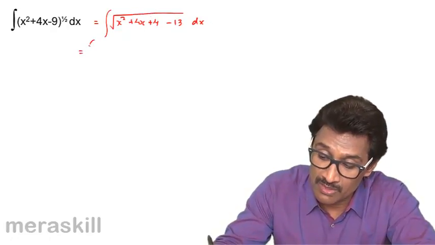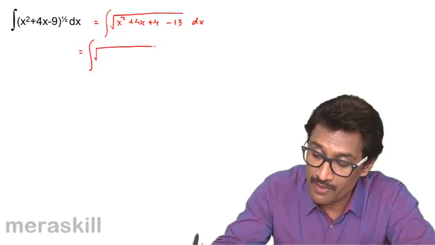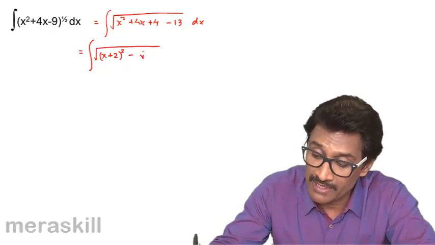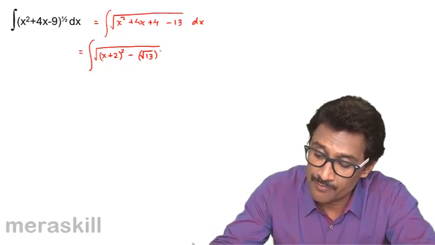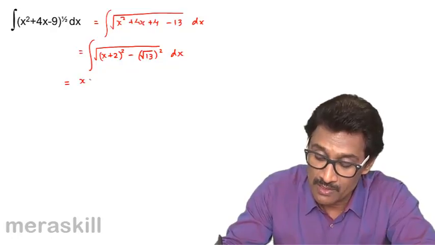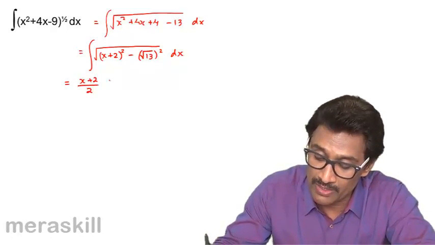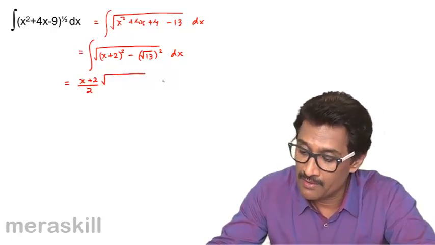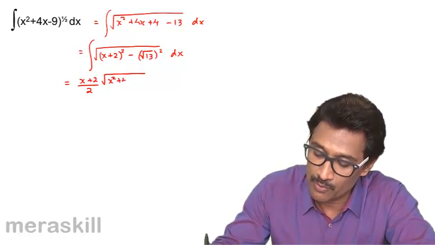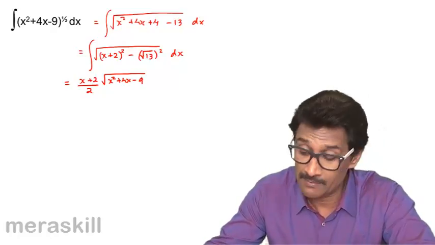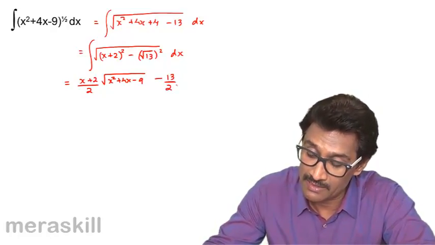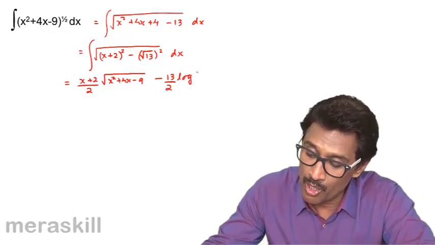So this is nothing but square root of x plus 2 the whole square minus root 13 the whole square dx. So it's going to be x by 2, which is x plus 2 by 2 into root x square minus a square, which is nothing but x square plus 4x minus 9, and minus a square by 2, that is minus 13 by 2, into log x.